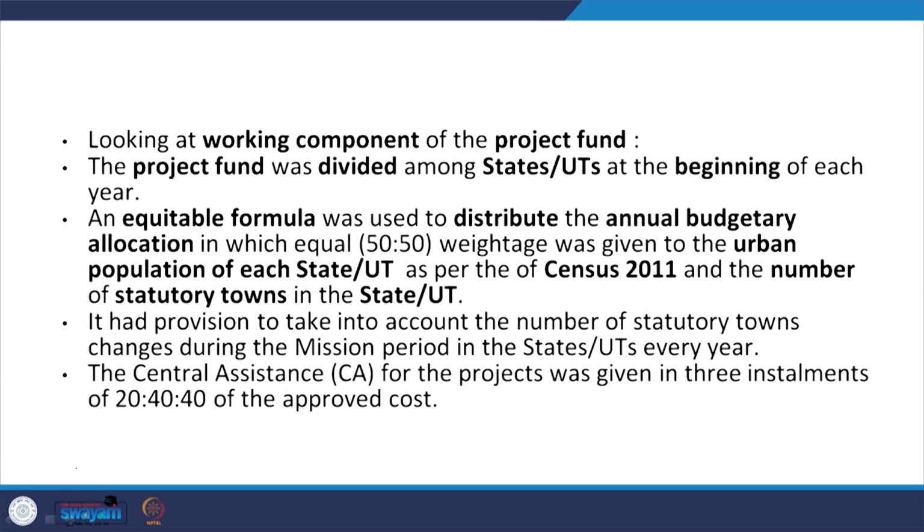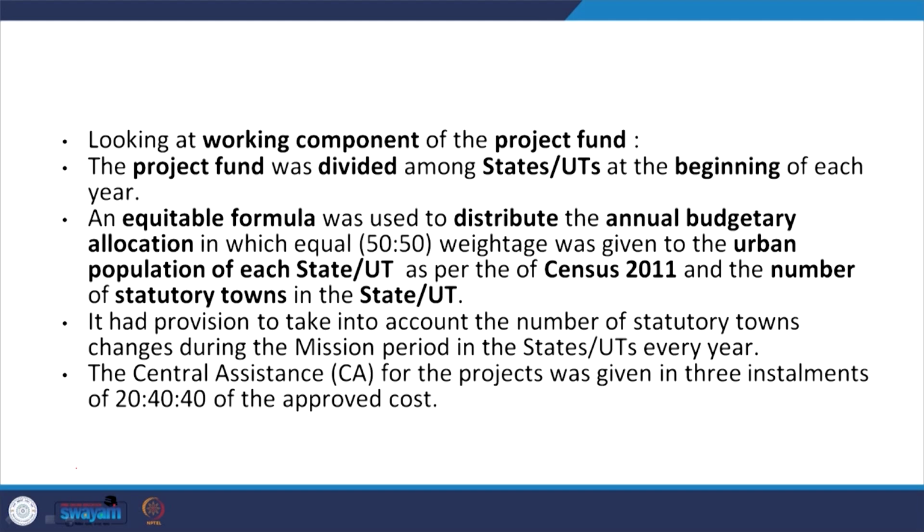Looking at the working component of the project fund, the project fund was divided among states or the union territories at the beginning of each year. An equitable formula was used to distribute the annual budgetary allocation, in which equal 50-50 weightage was given to the urban population of each state or union territory as per the census of 2011, and the number of statutory towns in the state or union territories.